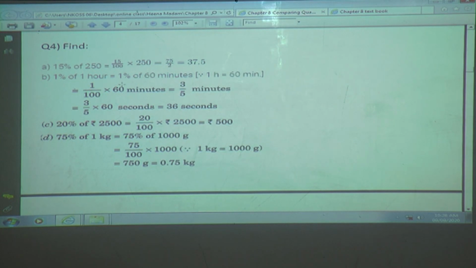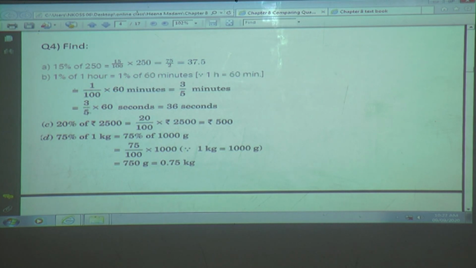Here is another example: 1% of 1 hour. You know how to write 1%? Yes, you are right, we write 1% as 1 upon 100. You know 1 hour is equal to 60 minutes. So multiply it by 60. Try to reduce. What we get is 3 upon 5 minutes. If it is asked in seconds, we can find it in seconds also.